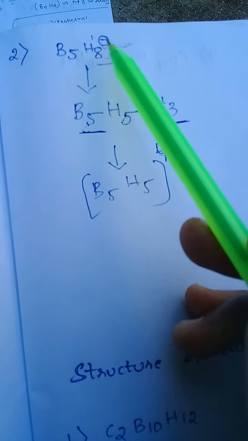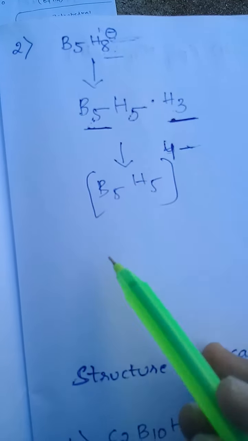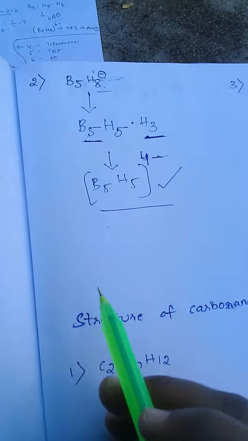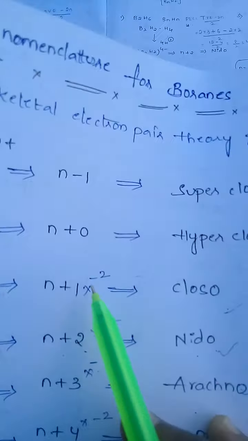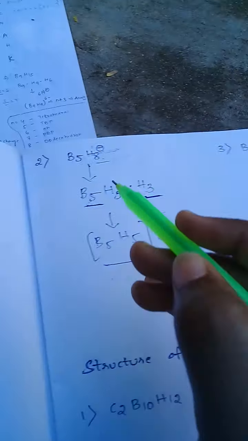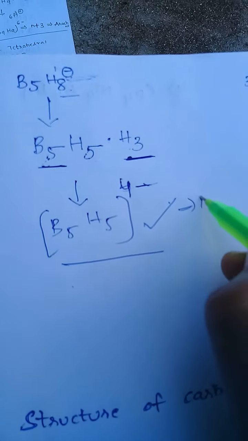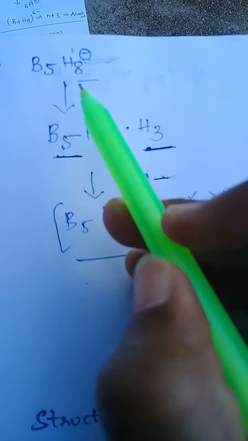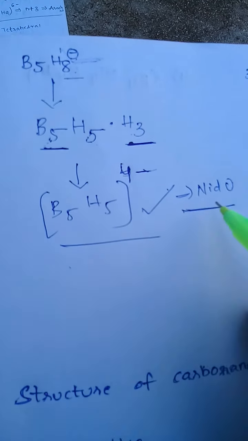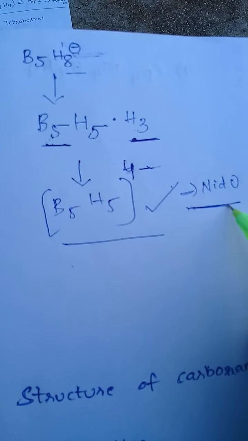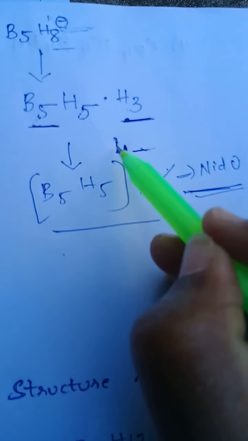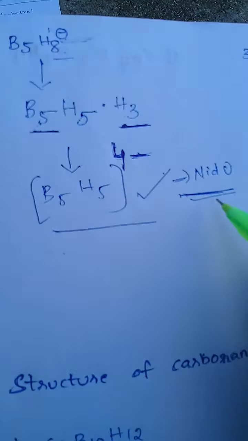So B5H8 minus gives B5H5 4 minus, which means nido. So the structure for B5H8 minus is nido. Why nido? Because the charge here is 4 minus, and 4 minus means nido.